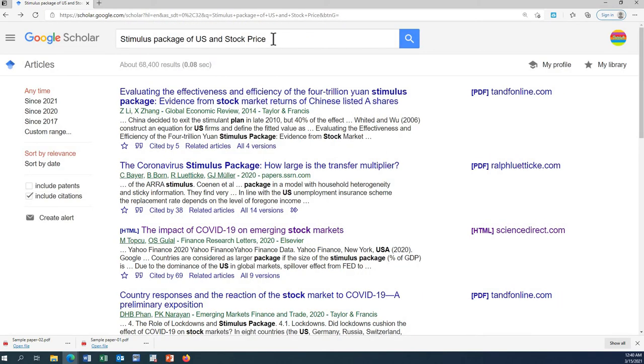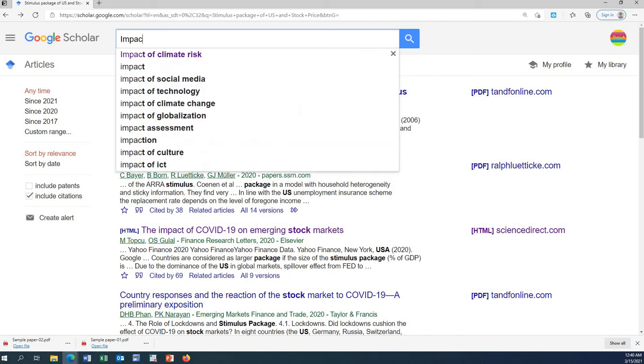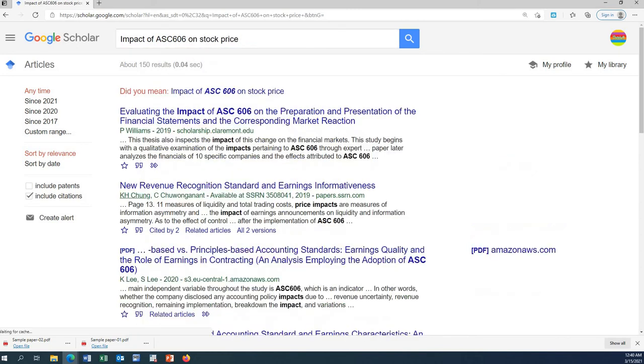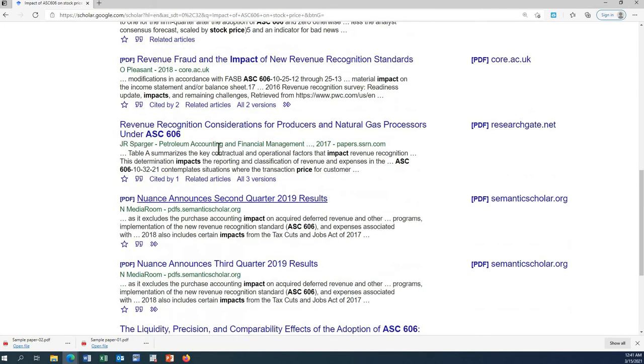Okay, so say for example I want to see the impact of ASC 606 on stock price. ASC 606 is a new accounting revenue recognition principle. So you may want to see whether there is any impact on the stock price of the company.